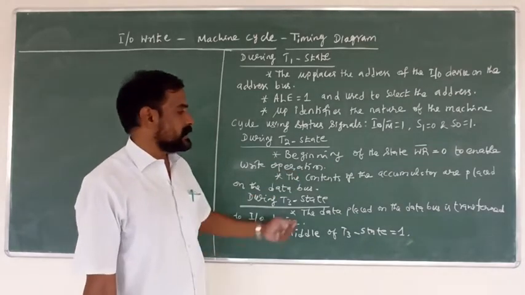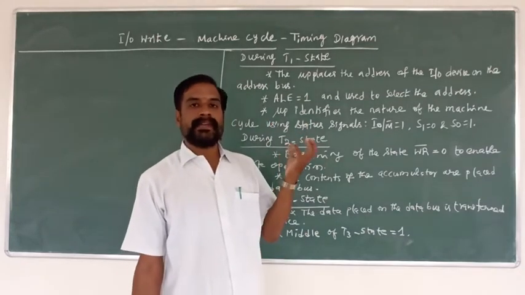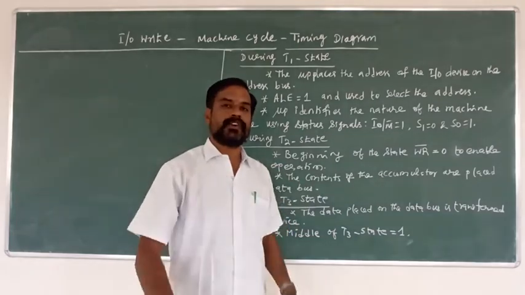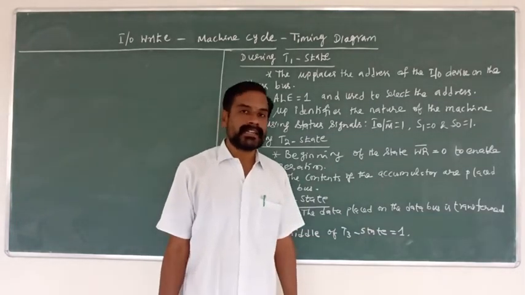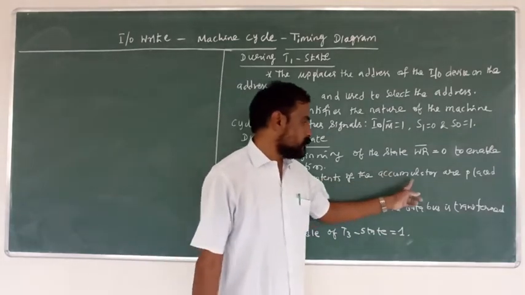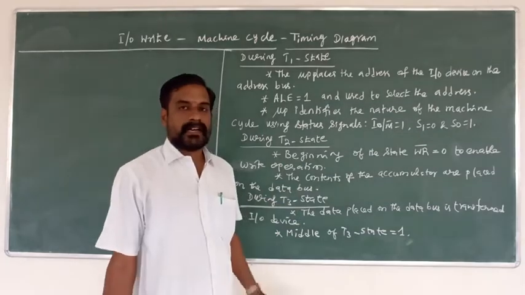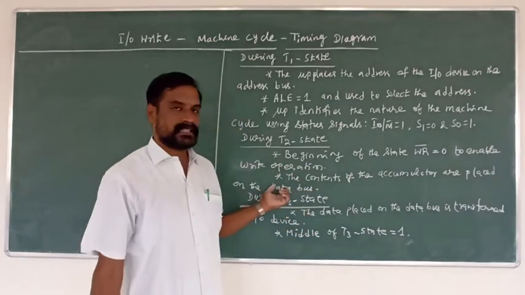Okay. Next is the content of the accumulator. Now data will be available in the accumulator. The accumulator data is to be sent to the 8-bit port address, that is, the output device. The content of the accumulator is placed on the data bus.